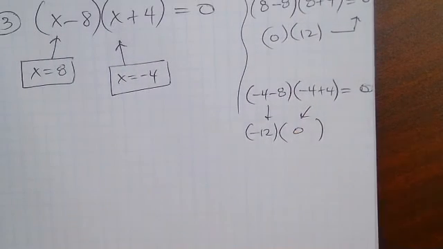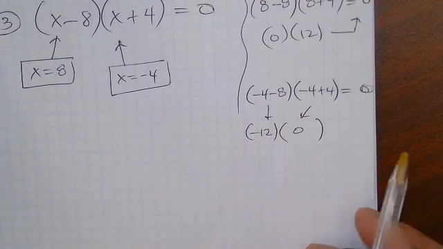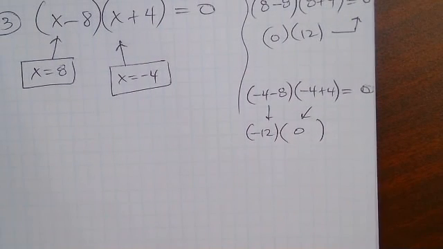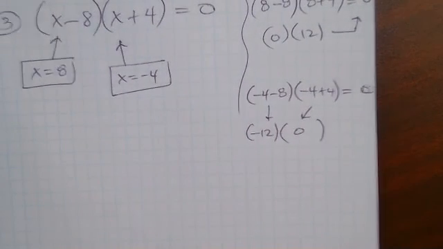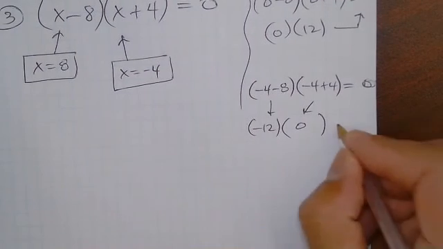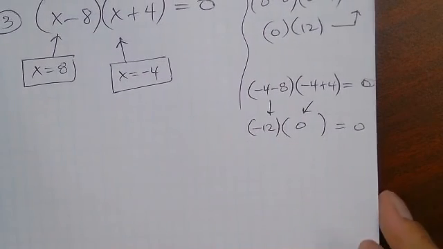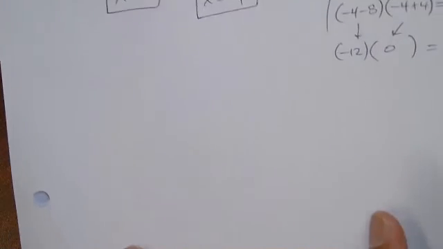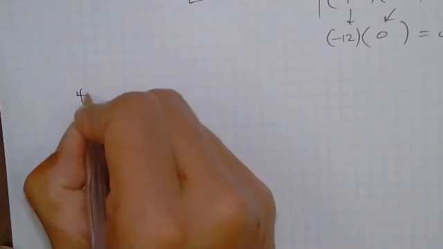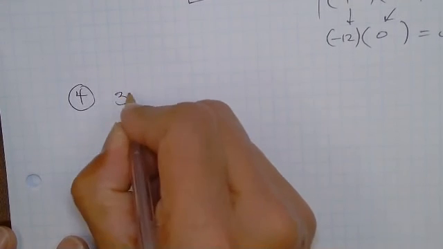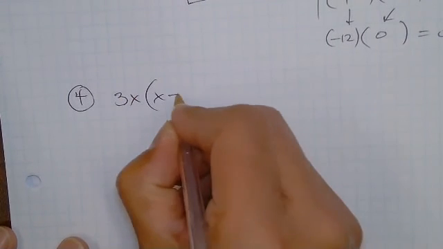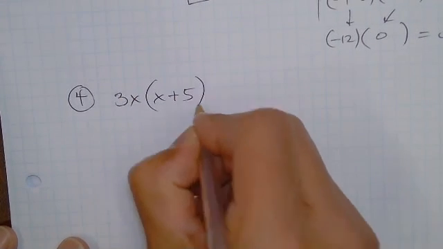Yeah, because I don't care what number this is. It's going to give you negative 12. Negative 12 times, what did you guarantee? A 0. 0 times anything is 0. That's the zero product property. The zero product property says 0 times anything gives you 0. Is that simple? Yeah.